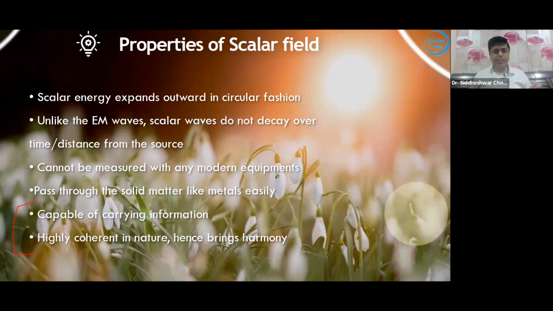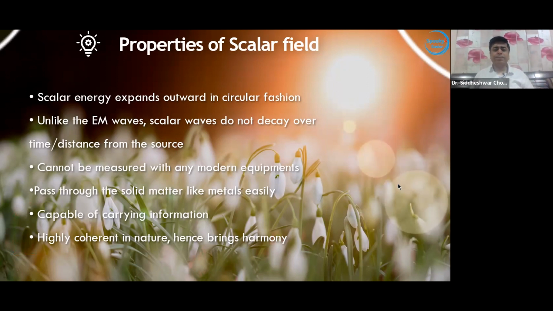I always stress in my one-to-one trainings that the scalar field carries information. We'll discuss this when we go through the modes of operation of scalar. So the scalar field can carry information, your intentions.